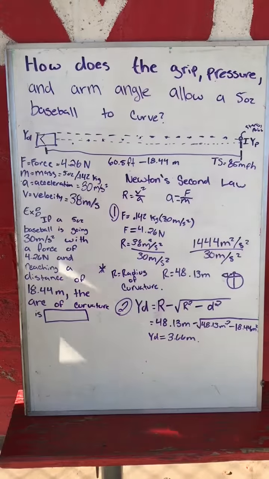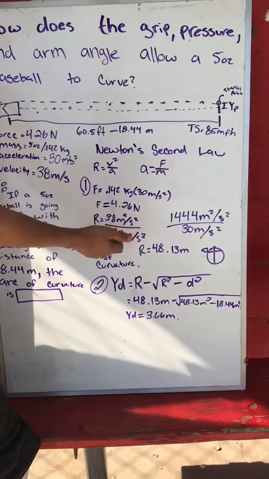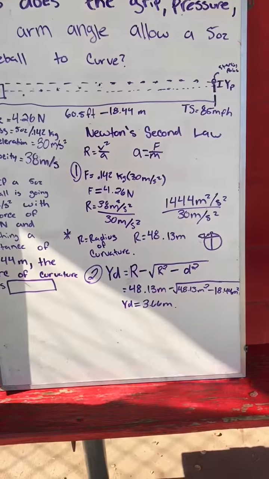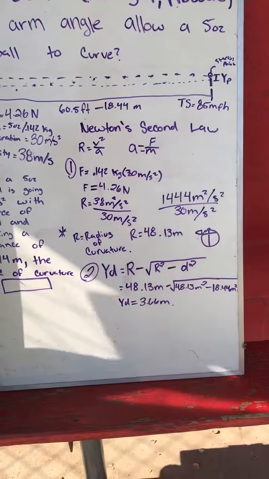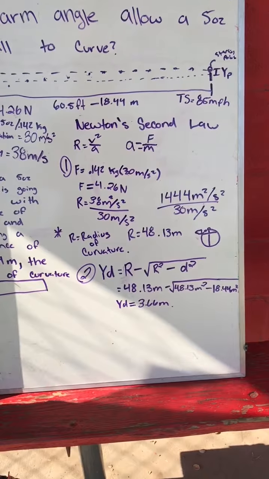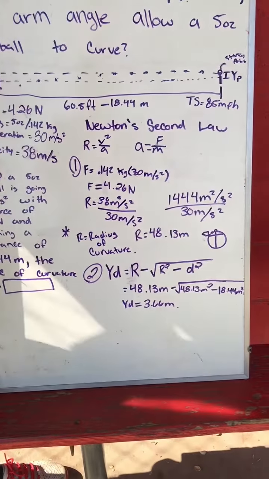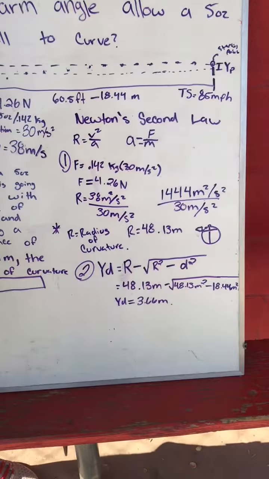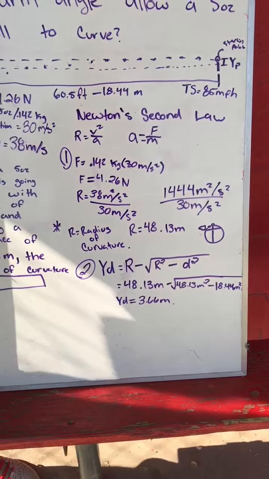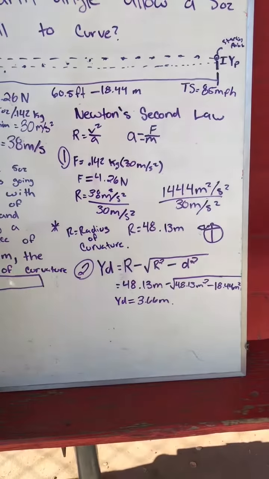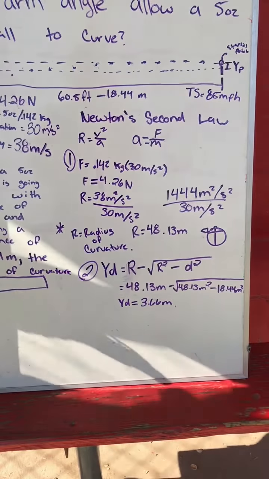So we just simply plug in numbers, which is 38 meters per second squared over 30 meters per second squared. Once this is put into a calculator, 1,444 meters squared per second squared divided by 30 meters per second squared, you get 48.13 meters.